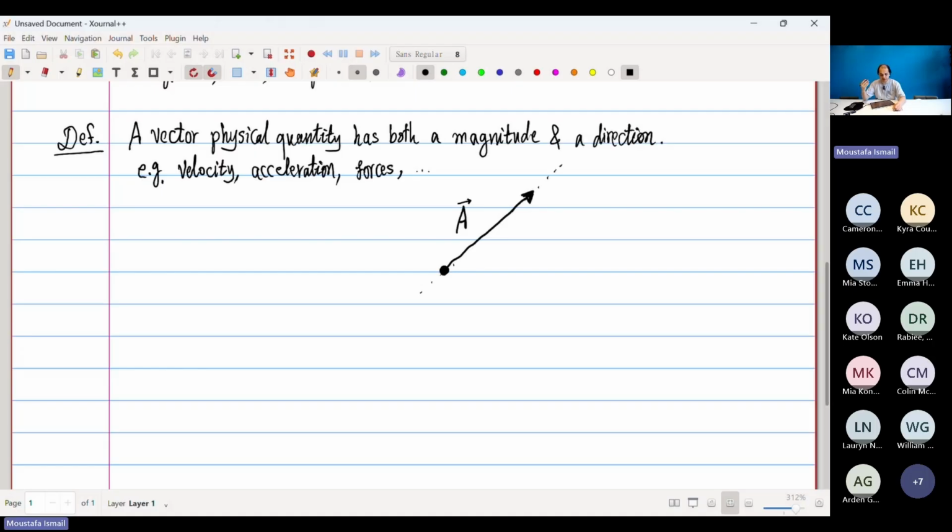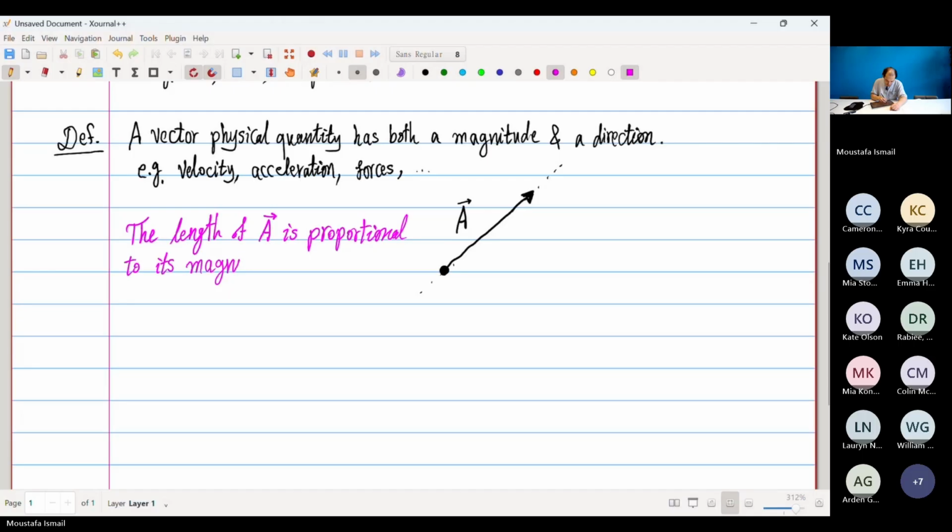The length of the vector indicates its magnitude. So the length of the vector A is proportional to its magnitude. Okay.